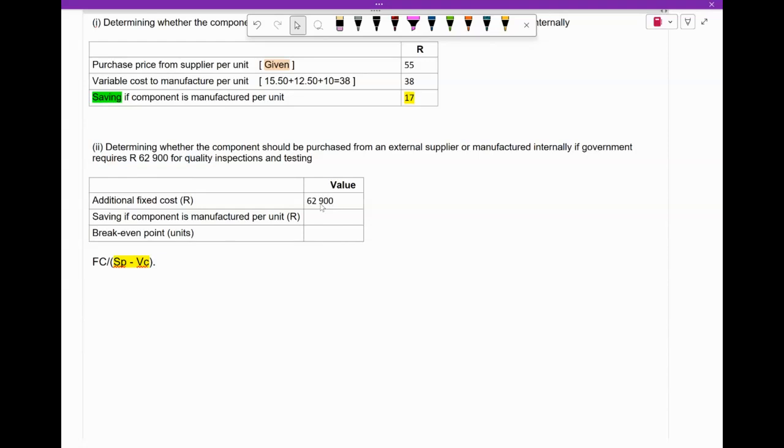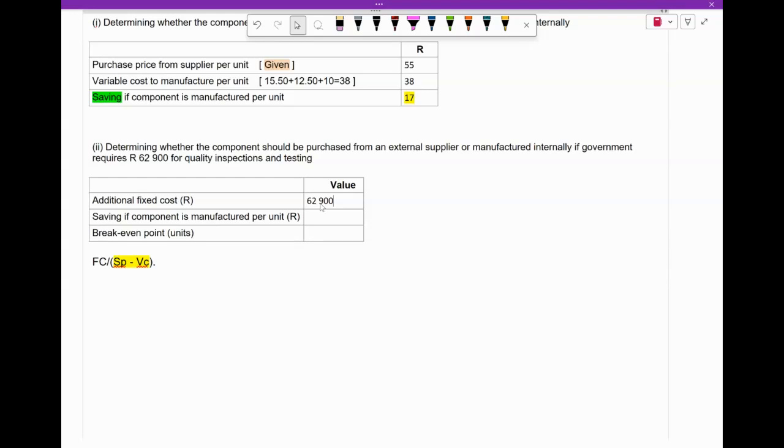Okay, and then they're saying the other thing is, remember again, fixed costs, like I said just now, we know that fixed costs are covered by the sales, isn't it? We are going to incur these fixed costs as a result of producing this component. So we need to ask ourselves, for us to cover this fixed cost, we need to figure out how many components we need to sell.